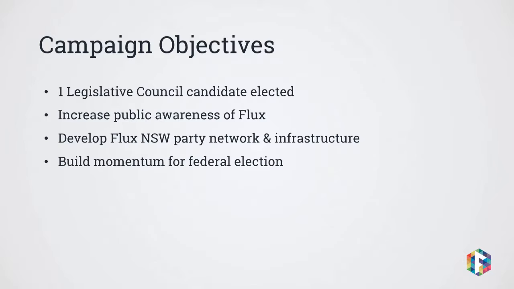There's a better chance of that happening for a legislative council seat than for a legislative assembly or lower house seat, simply due to the way that the voting counting systems differ between the upper and lower houses. That's our main objective. The next main objective really is to increase public awareness and public perception around Flux and the philosophy and ideas and solutions that we're trying to bring.